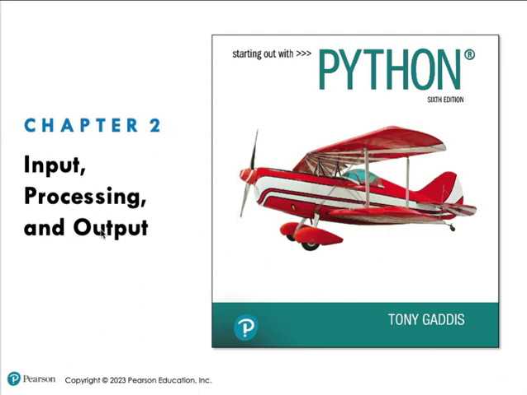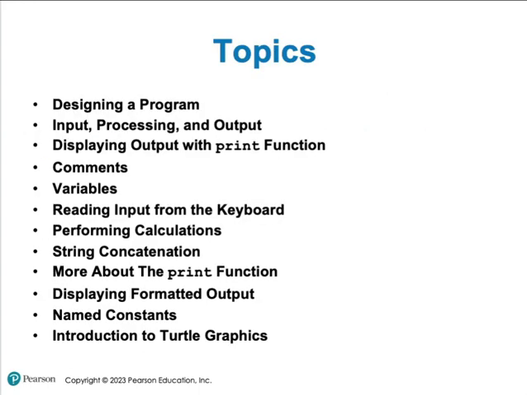As far as topics in this chapter in more detail, we're going to be talking about programming, input, output, processing. We'll start talking about some Python functions such as print and input. We'll talk about comments in your code. We'll talk about variables in Python.